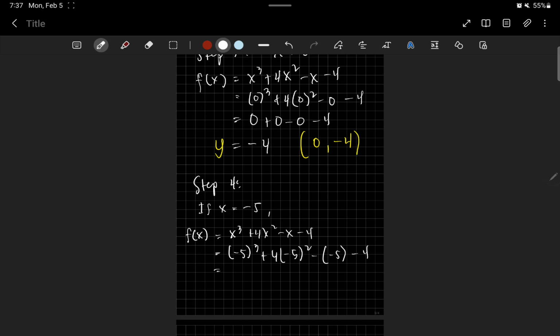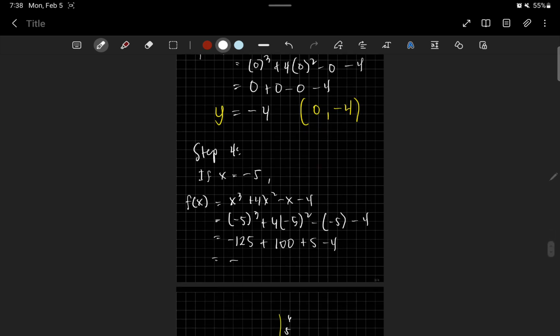Then simplify. (-5) raised to 3 is -125. (-5) raised to 2 is 25 times 4 is 100. Negative times negative 5 is positive 5, minus 4. -125 plus 100 is -25. Plus 5 is -20.